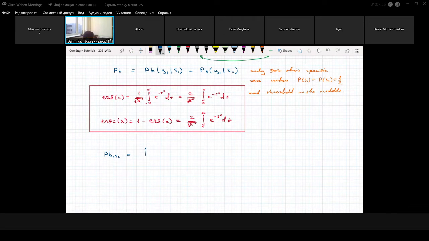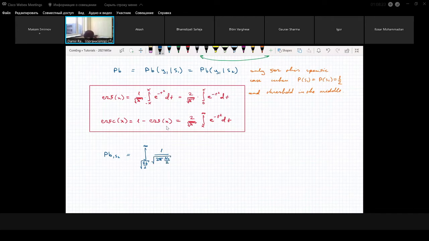We integrate the probability density function, just a regular one: 1 over the square root of 2π times variance, and in our case the variance will be N0 over 2.